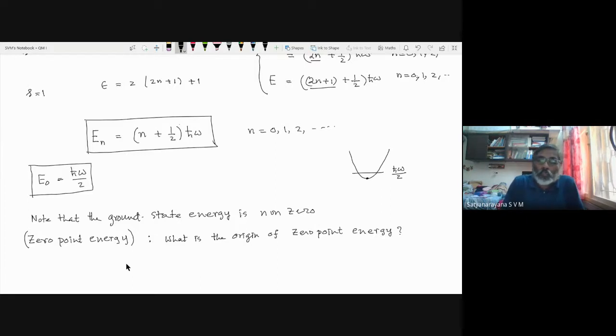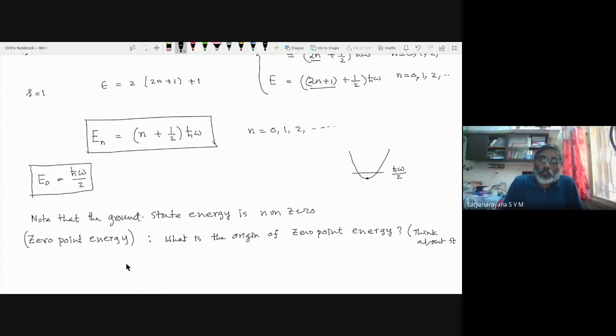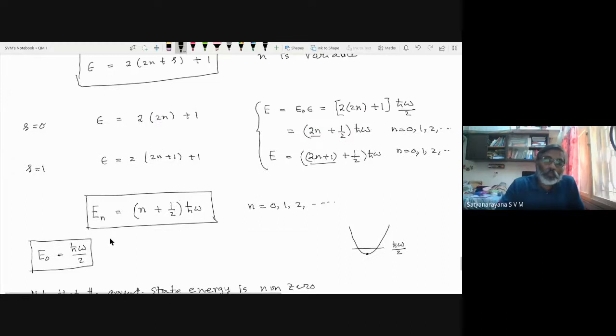Think about it. The uncertainty principle, yes, that is true. But then you can try to get this energy starting from the uncertainty principle.